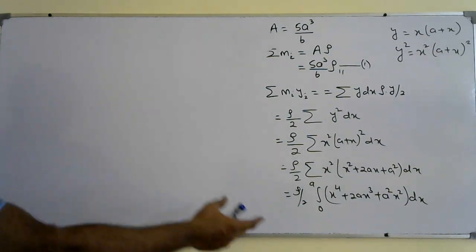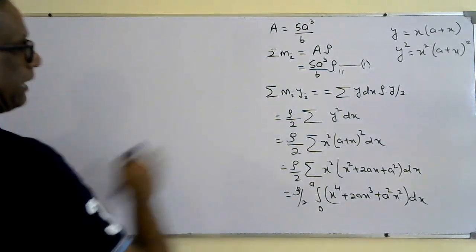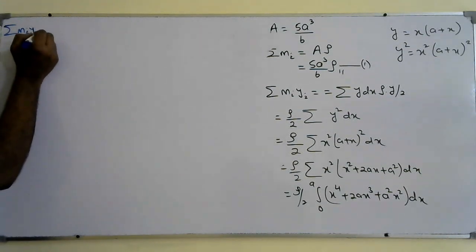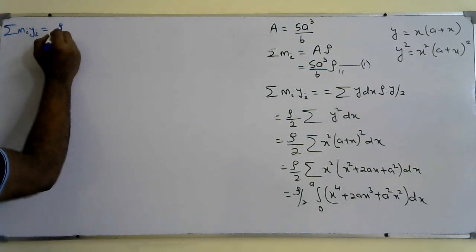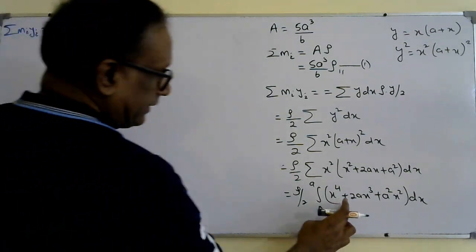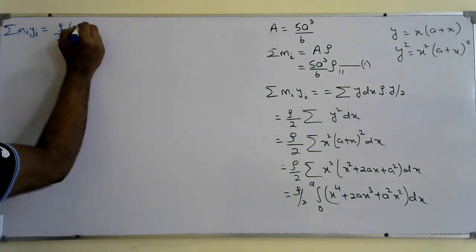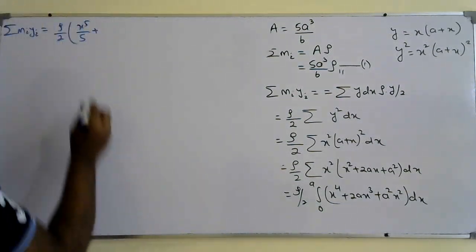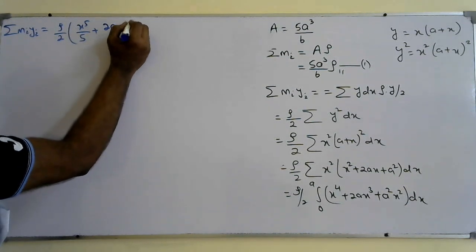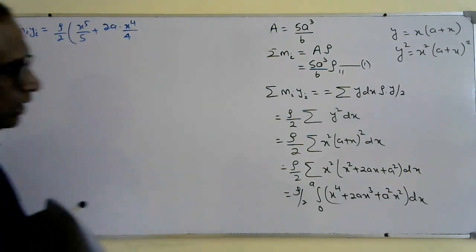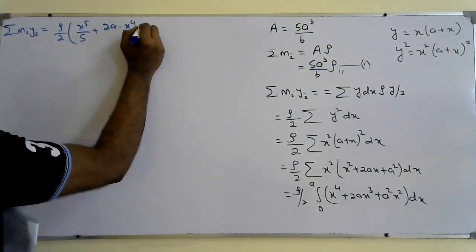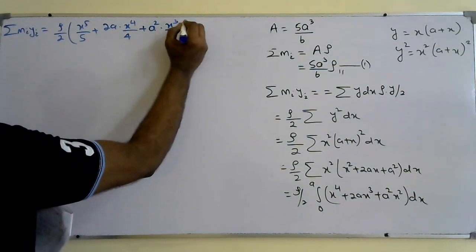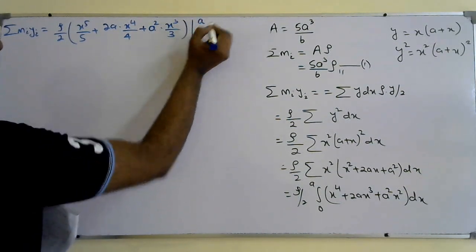I'll continue here that we are finding sigma mi yi, which is equal to rho by 2 into the integral, x to the power 5 over 5 plus 2a times x to the power 4 over 4, plus a squared x cubed by 3, the limits from 0 to a.